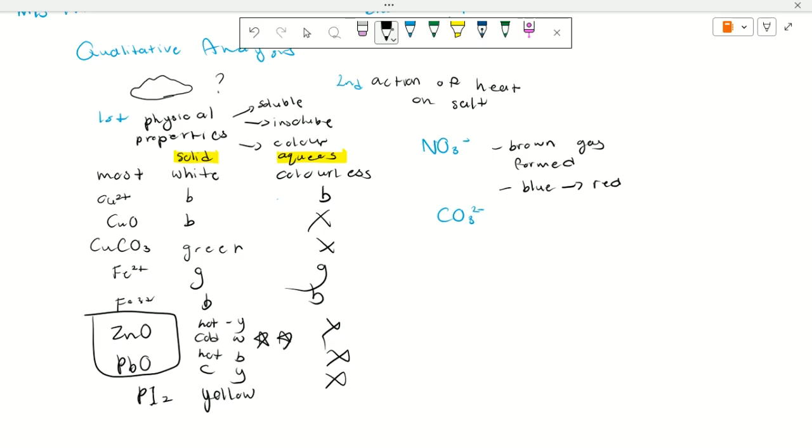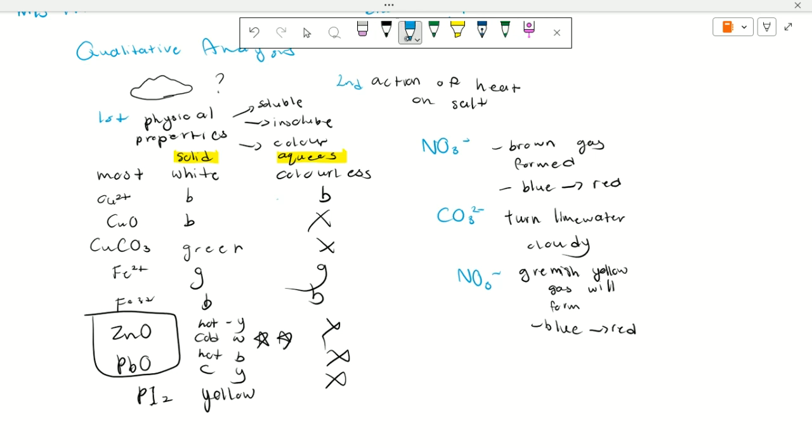What will happen if you heat it up? It will turn limewater cloudy. This is what will happen. And then we have chloride salt. For this one, a greenish yellow gas will form, and it will change blue litmus paper to red.